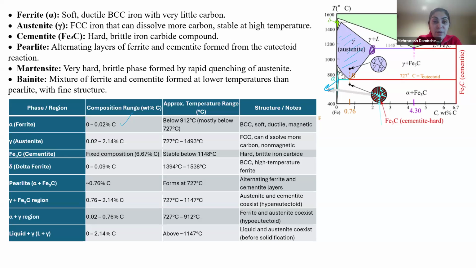Perlite. Perlite is very important for us. Perlite, exactly, if you remember, at the eutectic point, if the composition weight percent is fixed at that line here, for example, dash, so when weight percent is 4.3%, the macrostructure is the eutectic macrostructure.